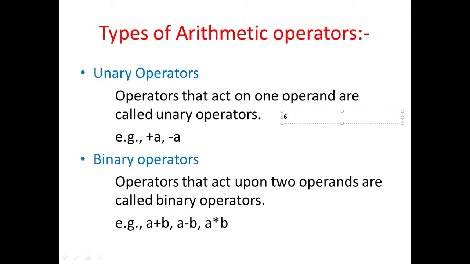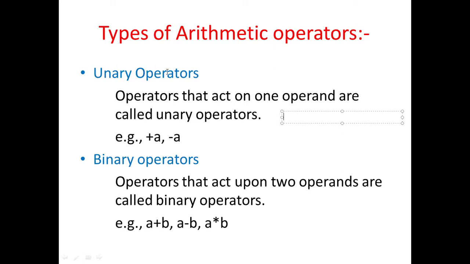Here 6 is an operand, and we need only one operand to work on, and minus is our unary operator, unary minus. So we have two unary operators, unary plus and unary minus, and each needs one operand to work on.